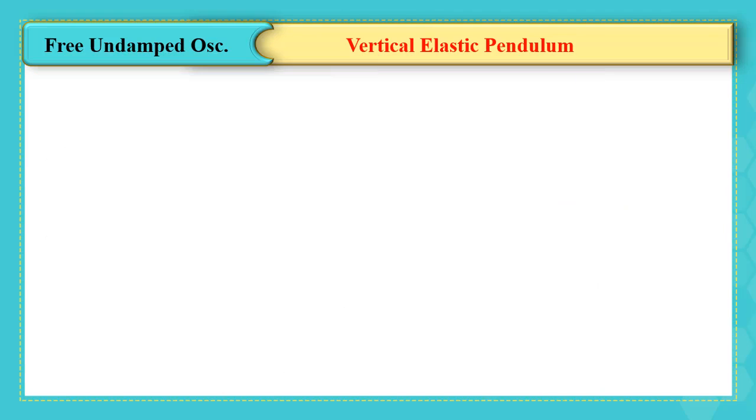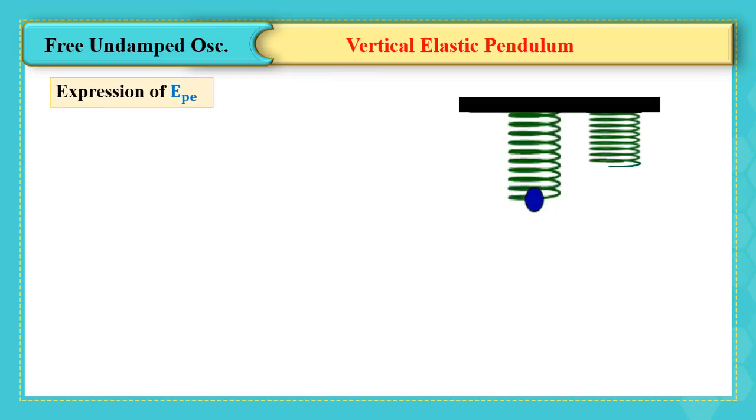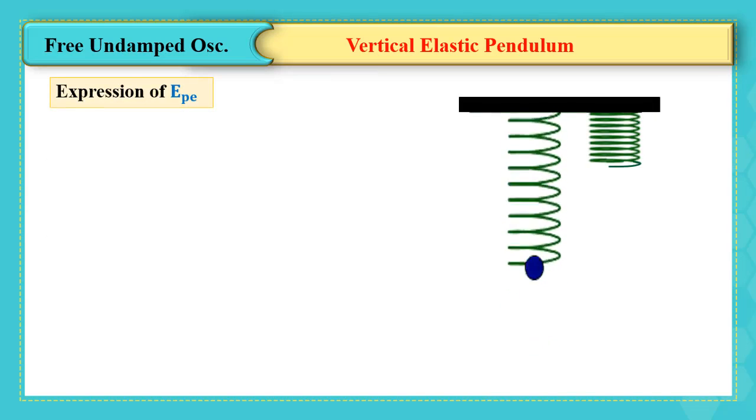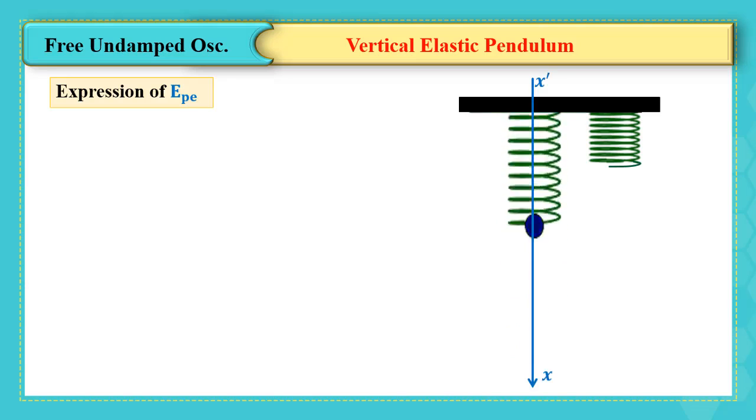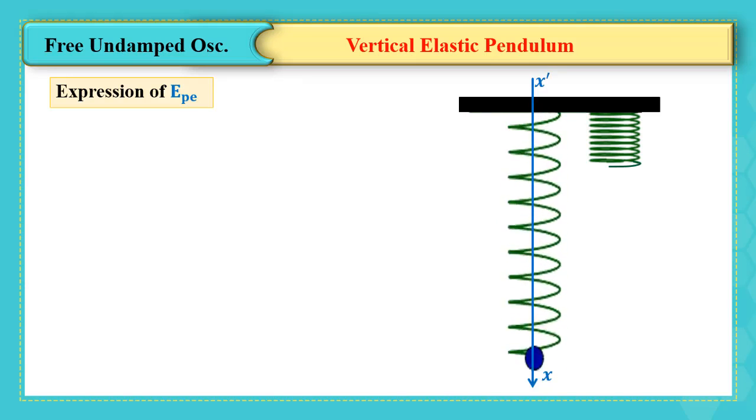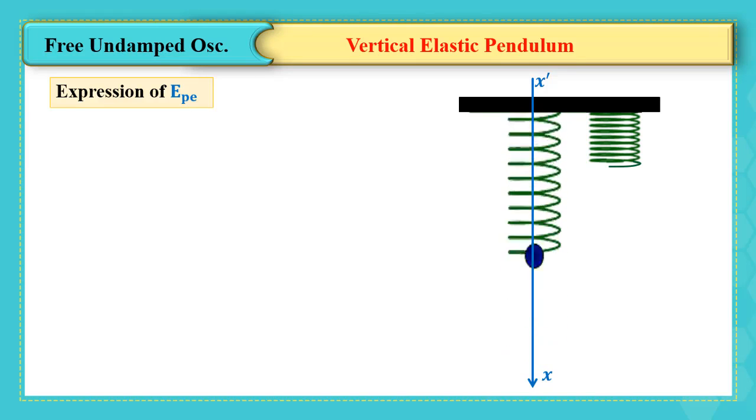After that, we are going to find the expression of the elastic potential energy. So, we shift S vertically and release it. The spring then oscillates. Note that the direction of the axis of motion is very important in determining the expressions of the gravitational and elastic potential energy.